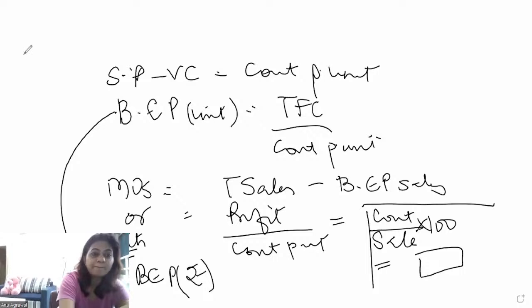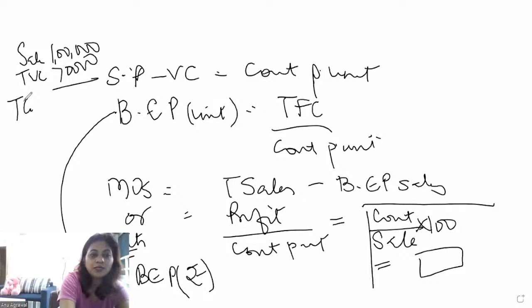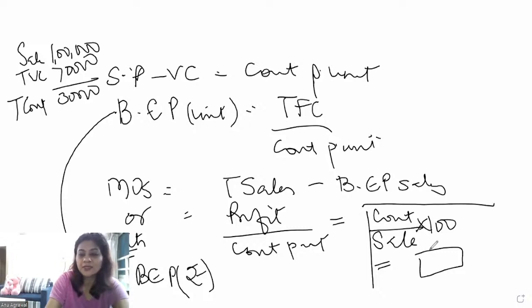For example, if somebody gives me sales is 1 lakh, total variable cost is 70,000, then total contribution is 30,000. That means contribution divided by sales is how much? 30,000 divided by 1 lakh into 100, which is 30%.